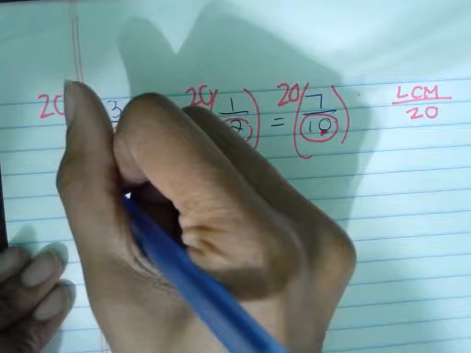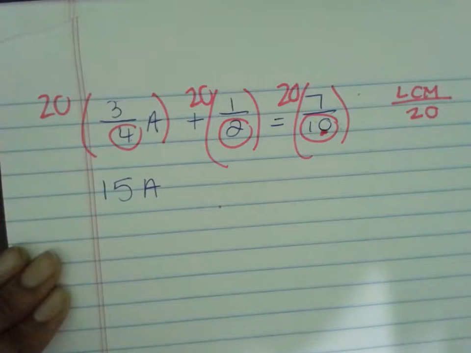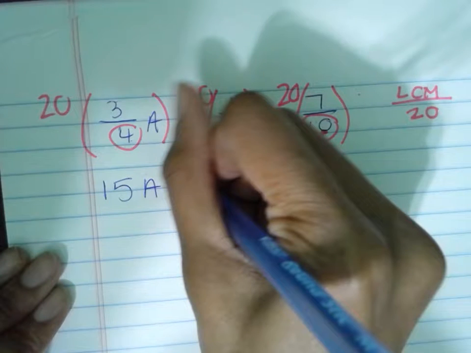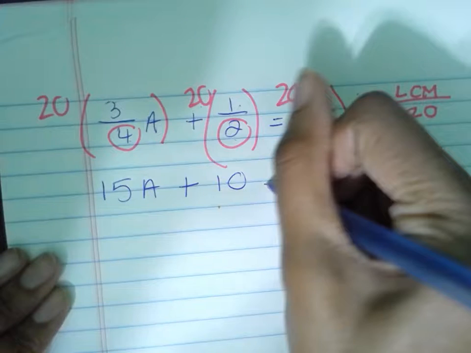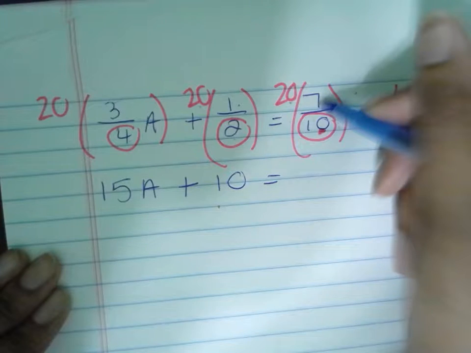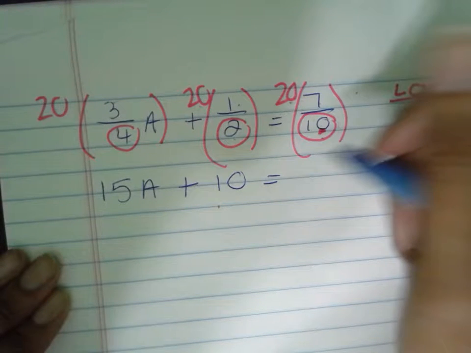Whatever way works for you. So 20 times 1 is 20, 20 divided by 2 is 10. 20 times 7 is 140, 140 divided by 10 is 14. Look at that, the fraction is gone.